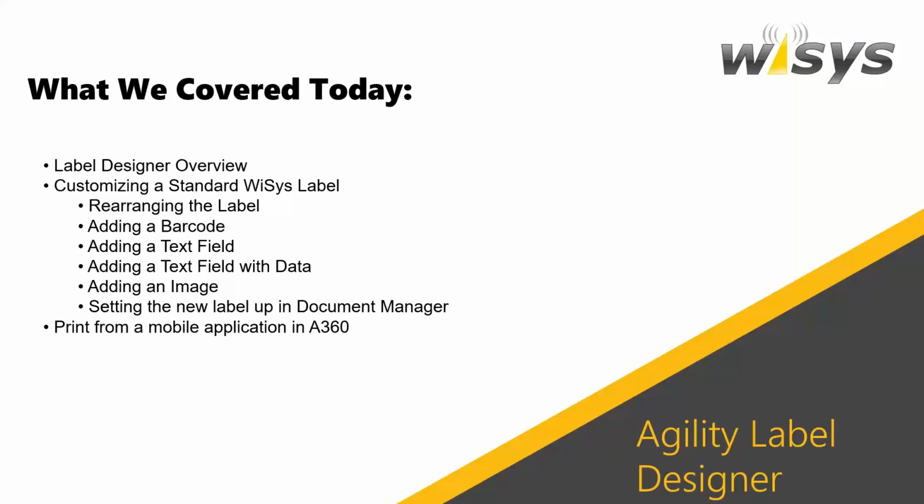And then we had that new label print from our out-of-the-box GRPO form on Agility 360. So that's everything we did today. And again, I would say 90% of the time that you're doing a label, those are the steps that you're going to need to do, and that is the ideal process.